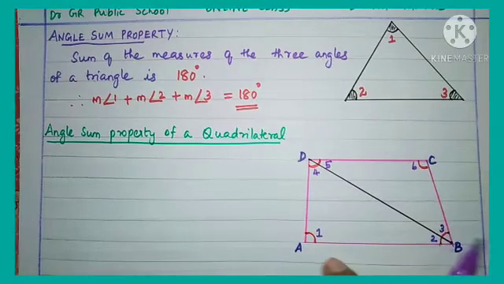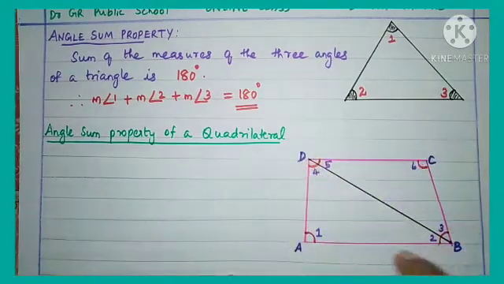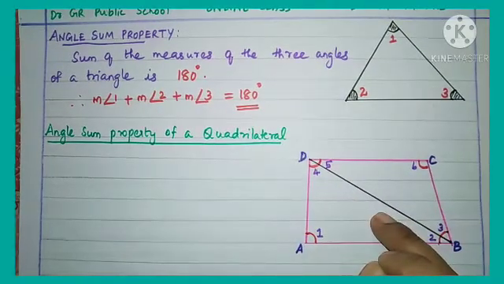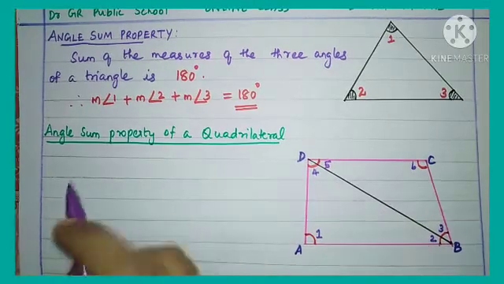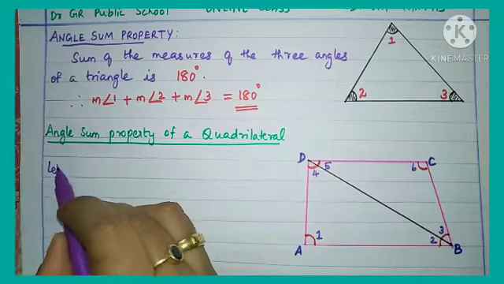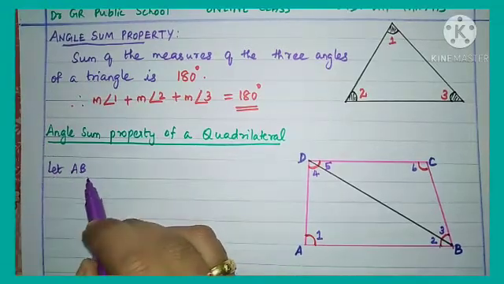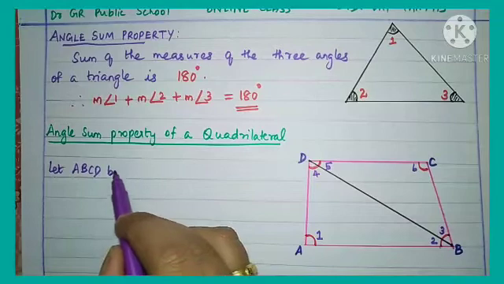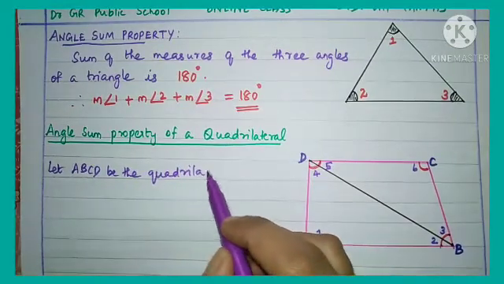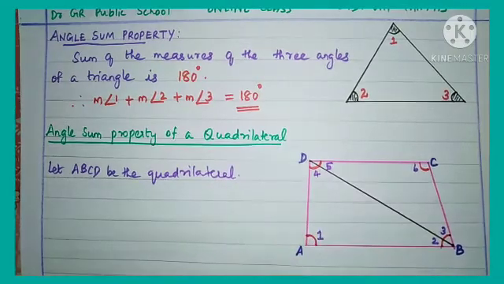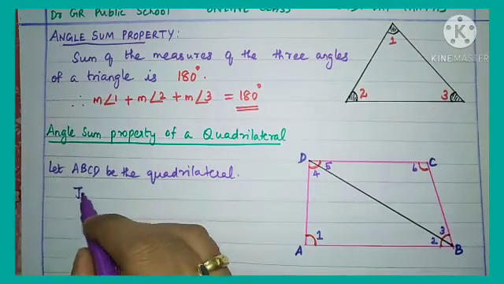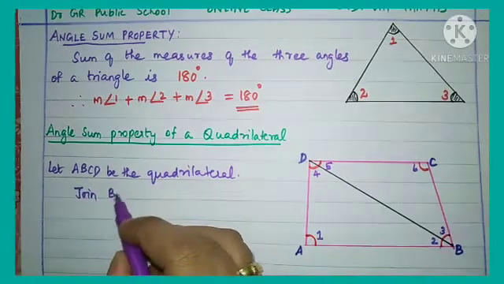Now our aim is to find the total sum of the measures of the angles of this quadrilateral. All of you copy this properly in your notebook. Let ABCD be the quadrilateral. We have taken our quadrilateral, named ABCD. Now I join BD.